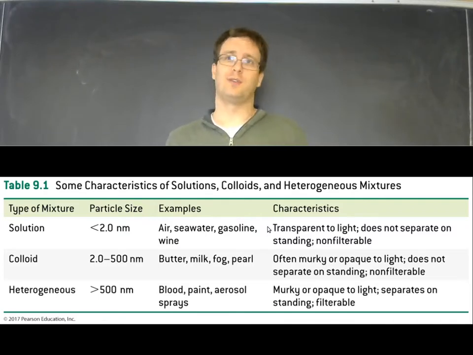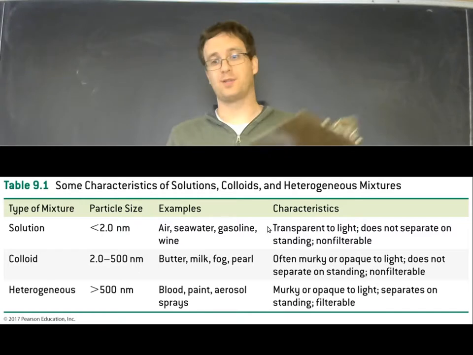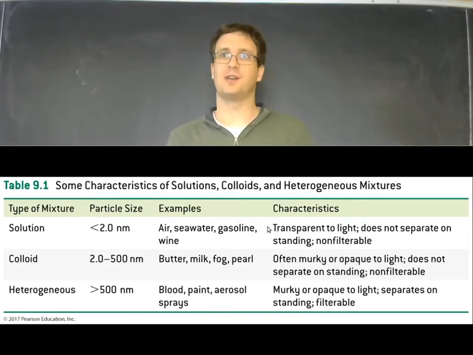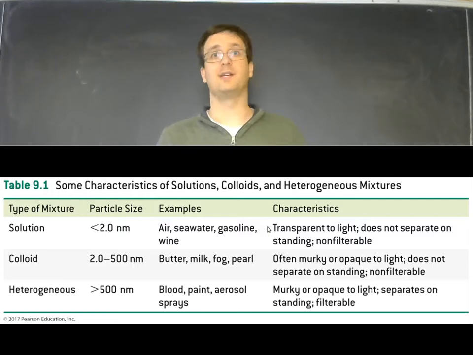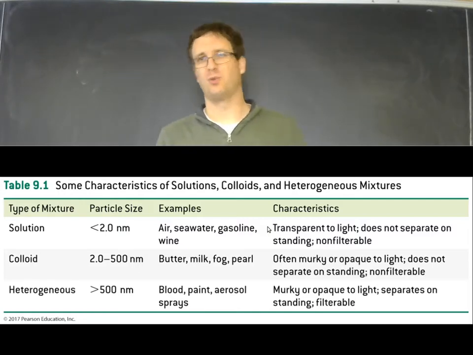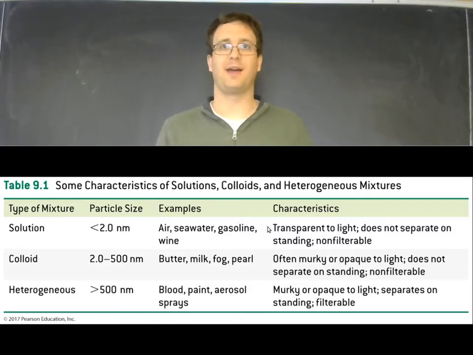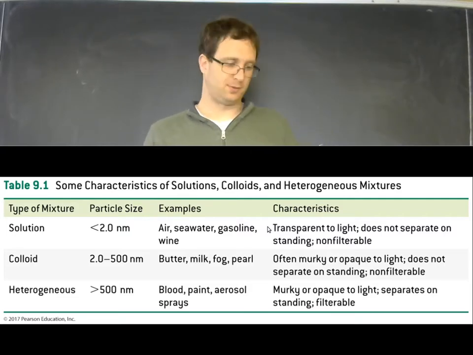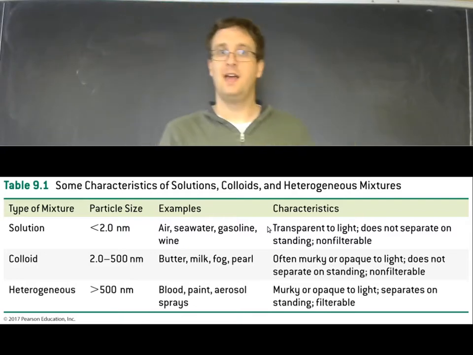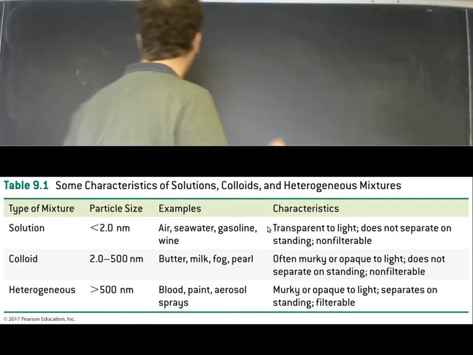If you have iron with some carbon mixed into it, as long as it's mixed homogeneously, then steel is a solution of carbon in iron. And brass and bronze and other common alloys would also be solutions. So in a solution, the solvent is, let me write that, sorry.